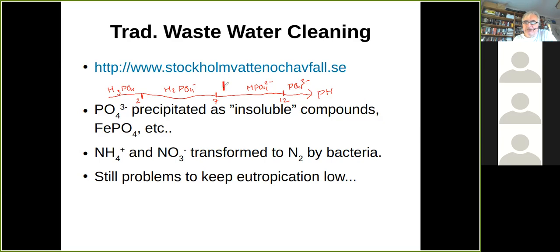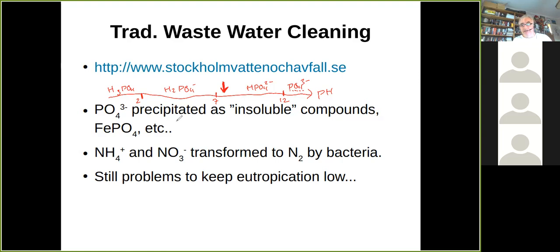Especially since natural waters have a pH slightly above 7, mostly approximately 8 or 8.3 maybe. So then it's hydrogen phosphate that is the dominant species, but still there is a lot of phosphate in a water solution, even though it decreases to quite low levels, at least on a logarithmic scale.